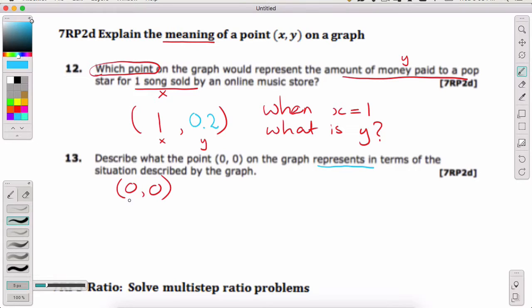Well, that's my X, that's the Y, and X represents songs sold. Y represents money paid.